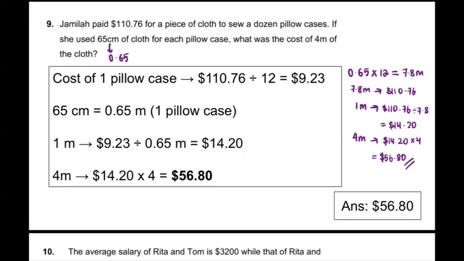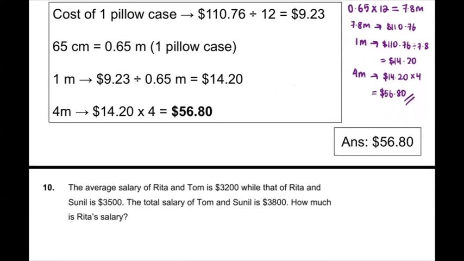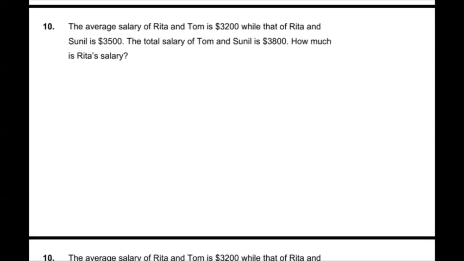Okay, now moving on, let's move on to our very last question for this section, which is question number 10. The average salary of Rita and Tom is 3,200, while that of Rita and Sunil is 3,500. So now we have two characters, Rita and Tom, 3,200.